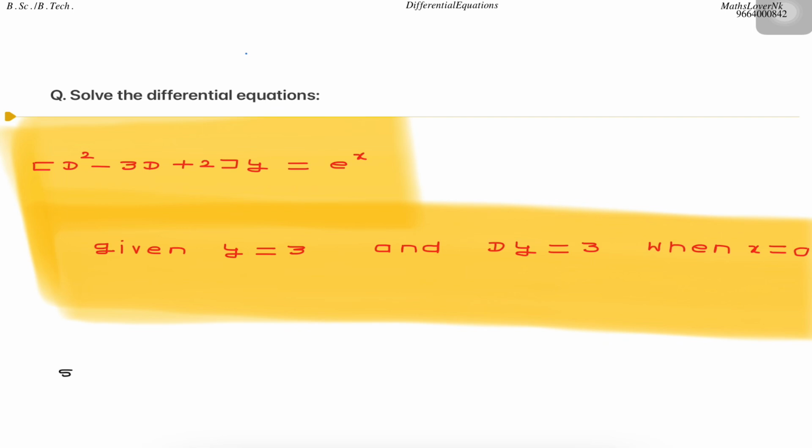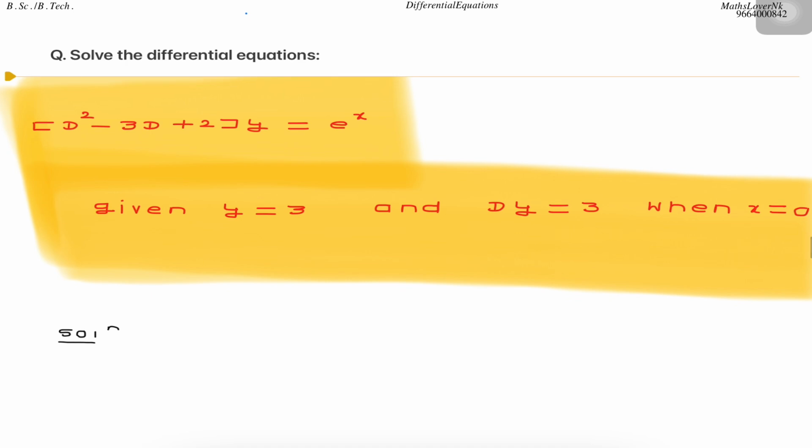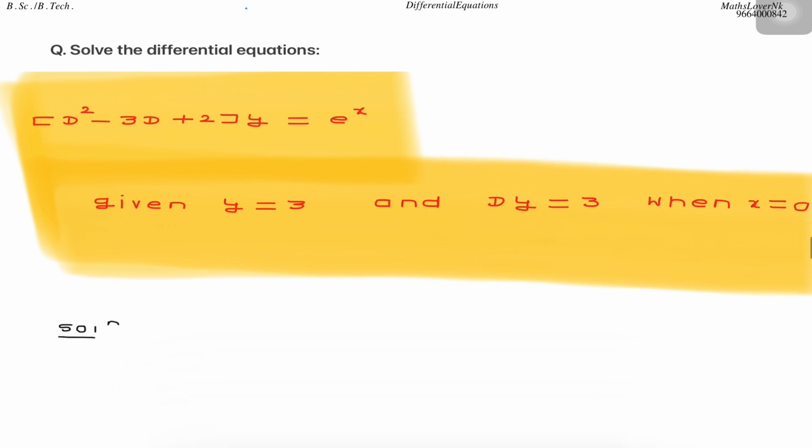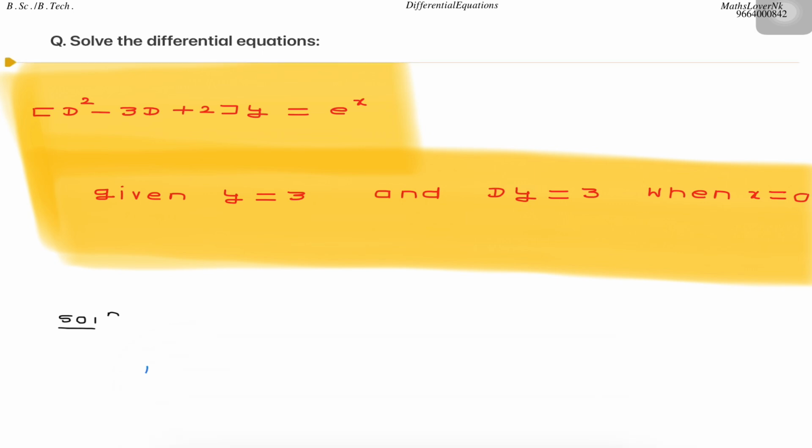Solution. At first, write down the auxiliary equation, in short form AE. The given equation is D² − 3D + 2.